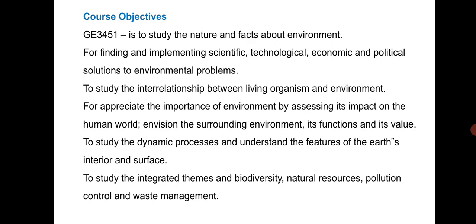In order to understand the features of our Earth's interior as well as surface, it helps to study the dynamic processes. Similarly, its main objective is to study the integrated themes of biodiversity, natural resources, pollution control and waste management.